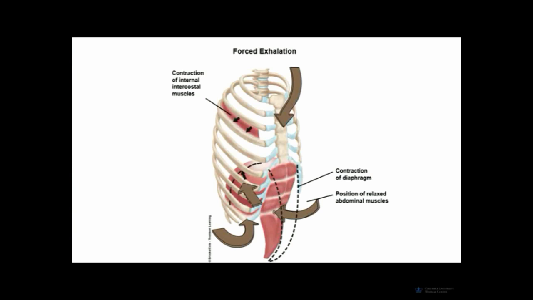Okay. So internal intercostal muscles contract and pull down on the rib cage. Abdominal muscles contract and push the viscera and the diaphragm into the thoracic cavity. So that shrinks the thoracic cavity down, right? Gets pressure in the lungs even greater, so you can get more airflow out. Okay.